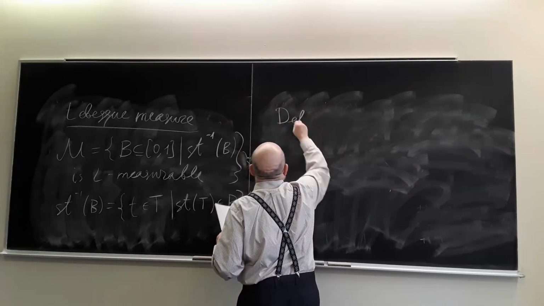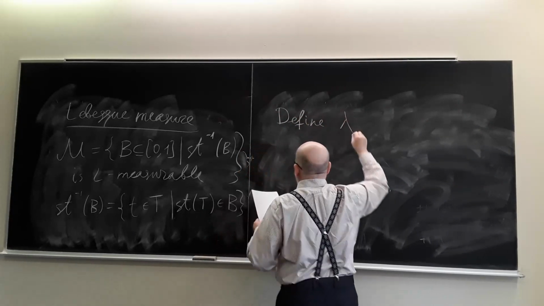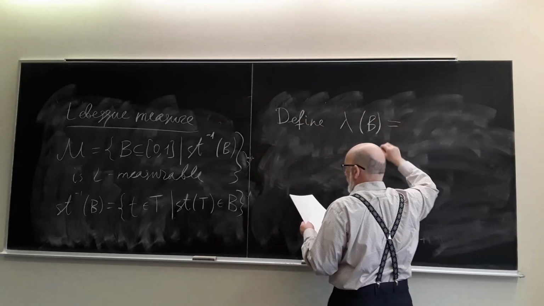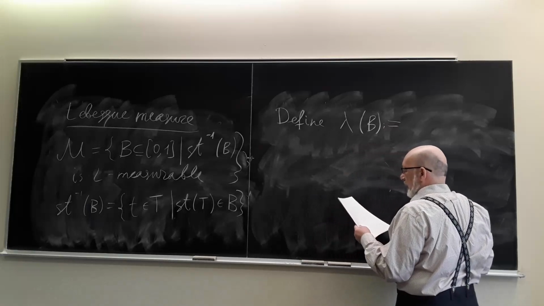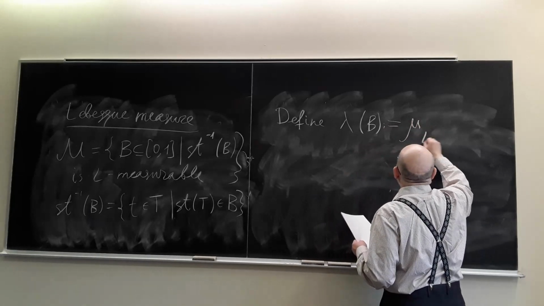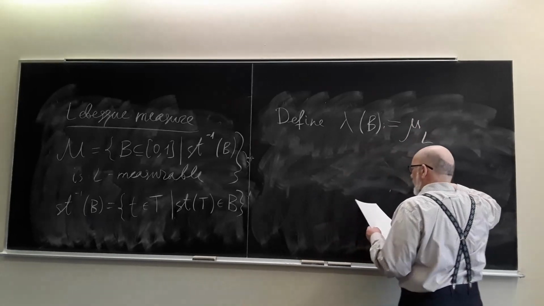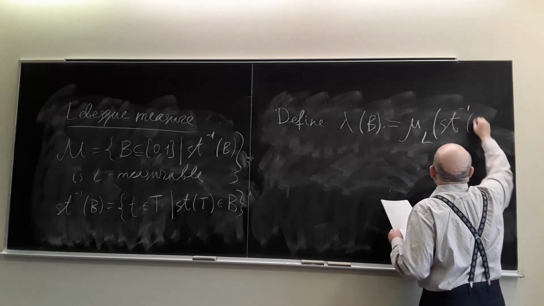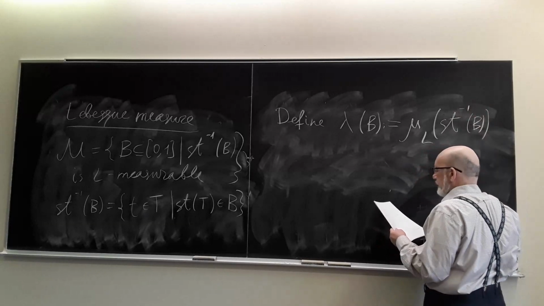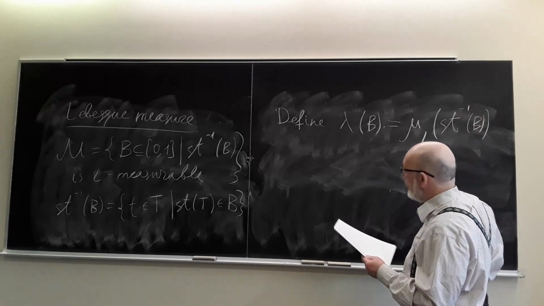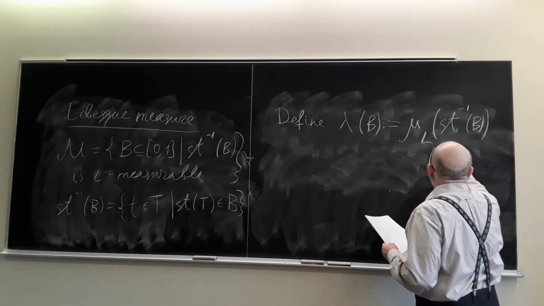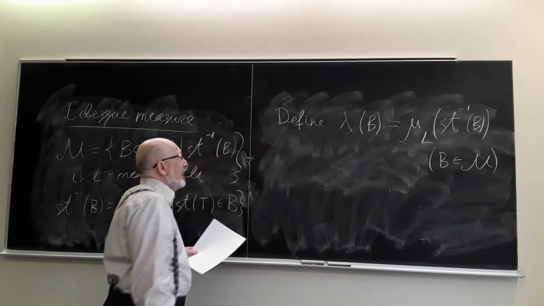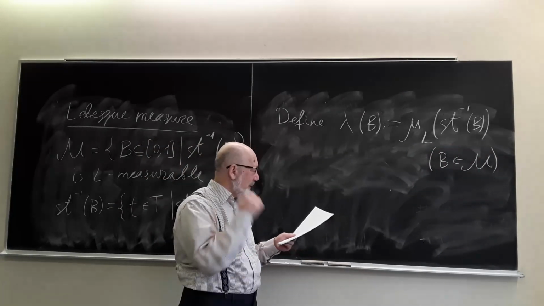Define lambda of B to be the Loeb measure of the inverse standard part of B, for B such that this measure does exist.